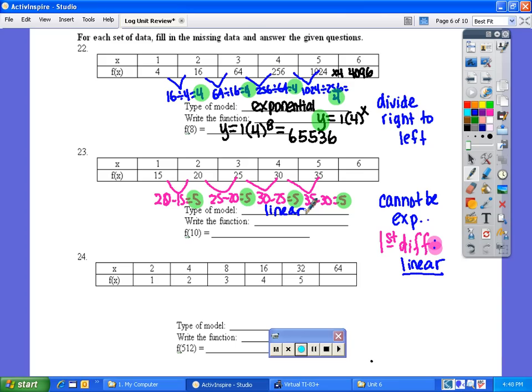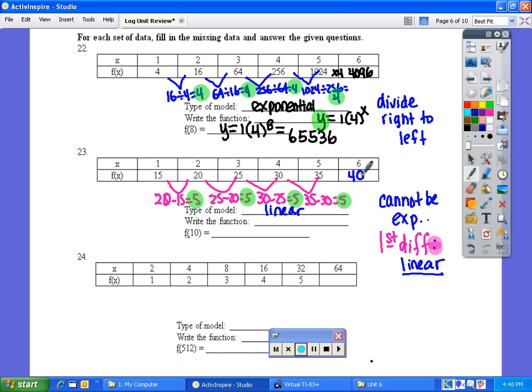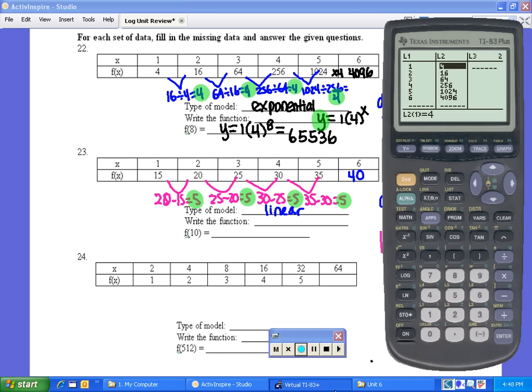Okay, so this is a linear model. Now what you're going to do is go back to your stat edit and put these numbers in. Make sure you did fill in the last one as 40, because if you try to put 6 in your calculator without the 40, it won't work. Next, you're going to press stat, calc, and linreg, ax plus b is the linear regression.